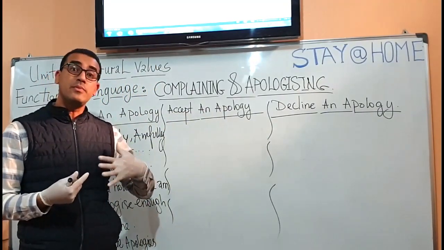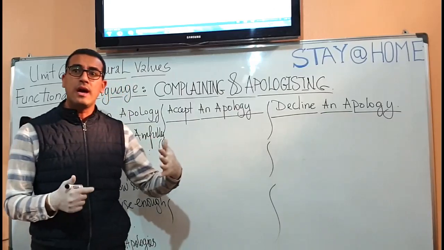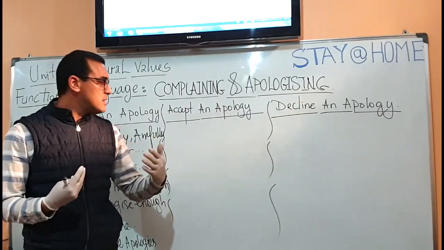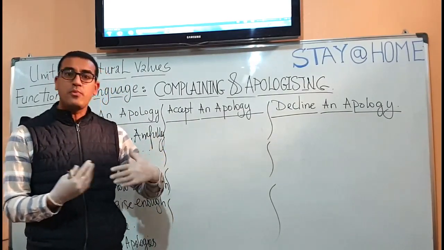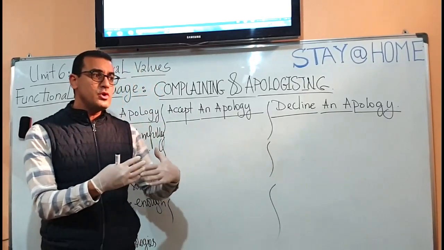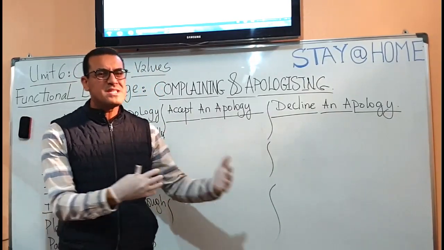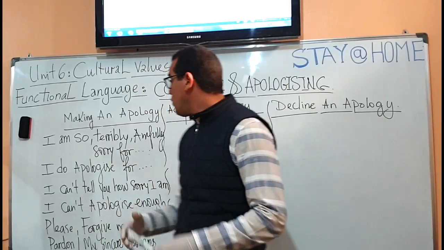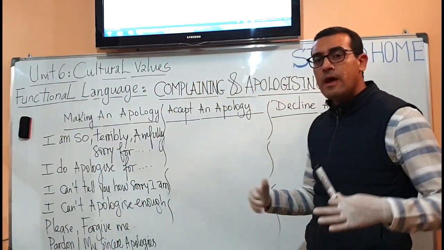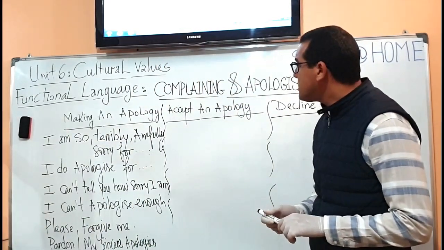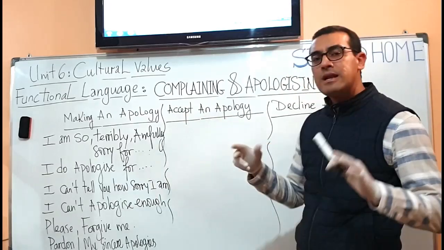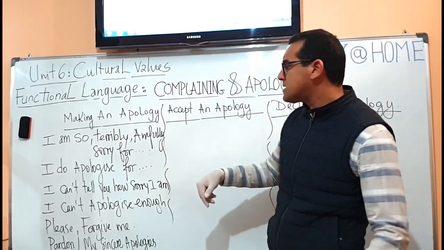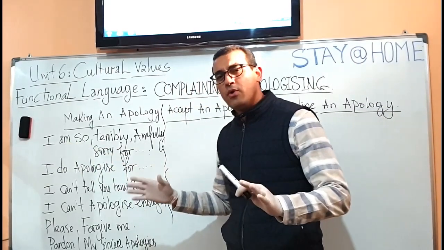You are being, for example, a good person with him and you have been a comprehensive person. So you just let him go with the mistake he did. How can we express that? Accept an apology. Let's imagine that someone is saying, for example, I'm so sorry for this.